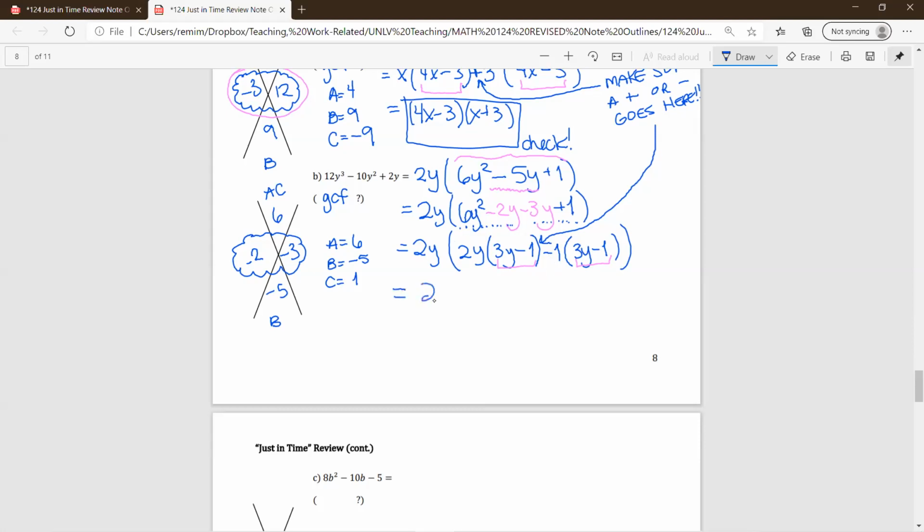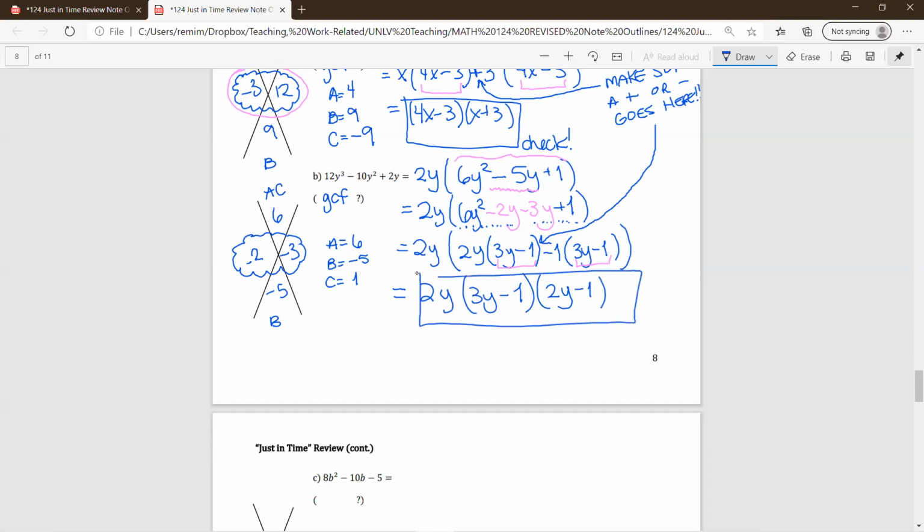All right, now, almost done. Because these leftover parts were the same, we get to take the 3y minus 1 and pull it out to the front, and then write the leftovers. So from here, we're going to have 2y left over. And then from this part, we're going to have this minus 1 left over when we take the 3y minus 1 out.